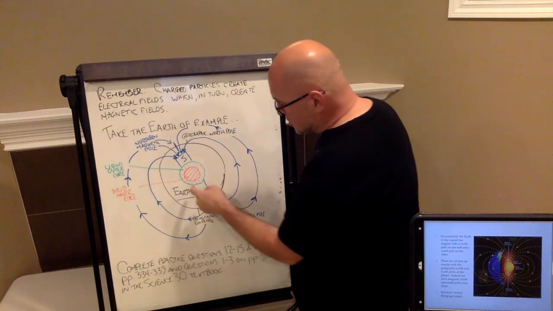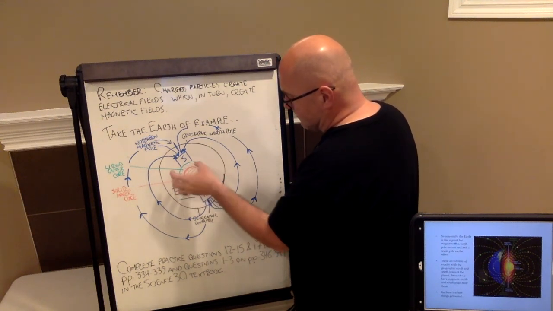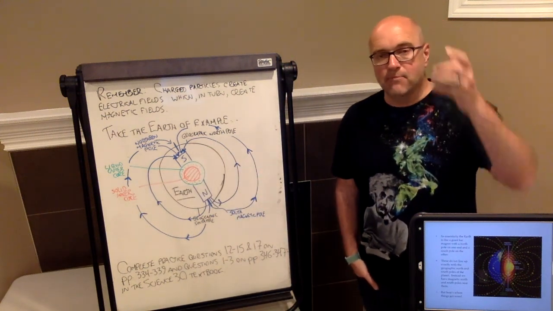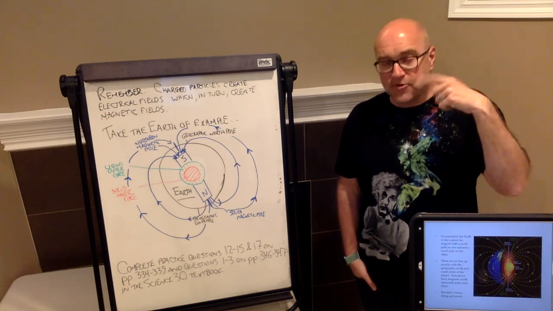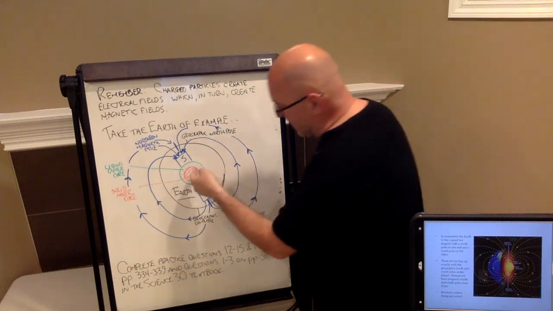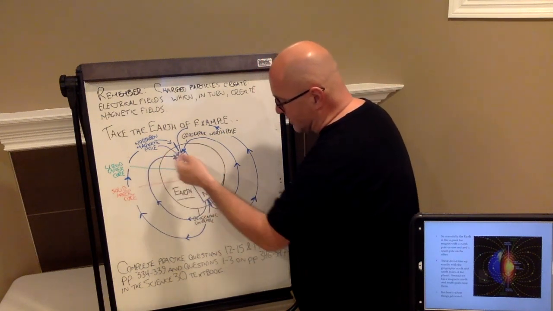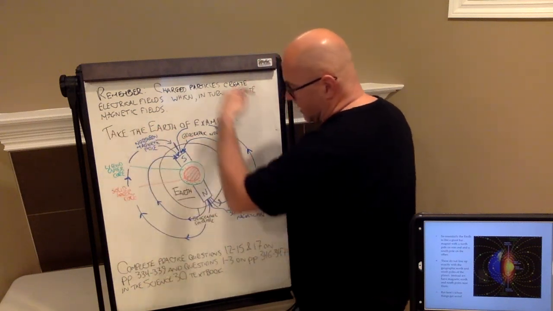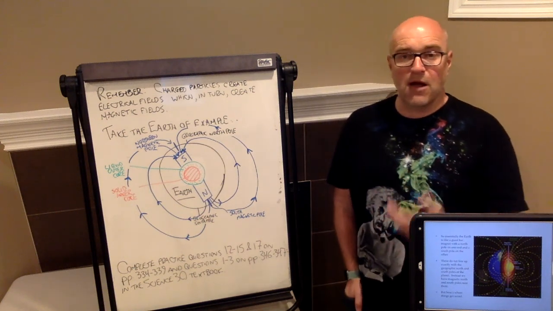But essentially, this solid and molten core in the middle here becomes the epicenter, or the starting point, for these magnetic field lines that come out of the Earth. They come out of the center, move up to the top, and come back down, and they extend and create this magnetic field that basically surrounds the Earth.